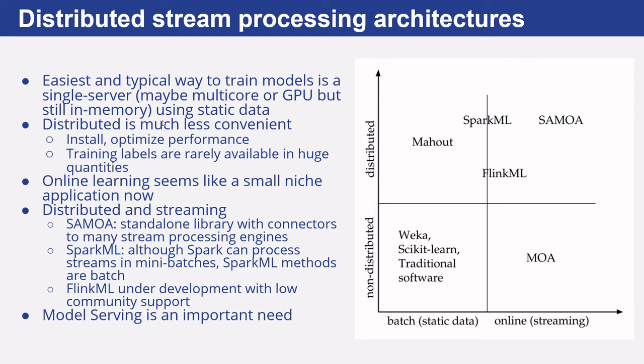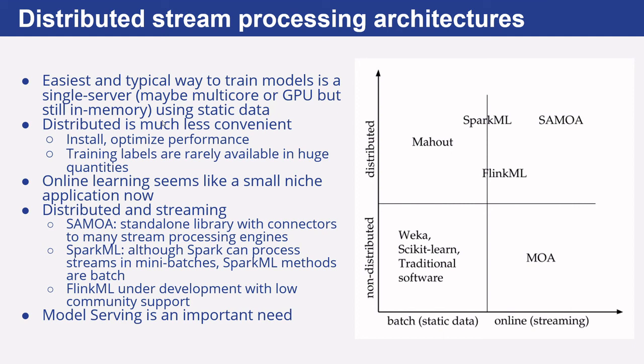In the chart on the right, we can compare different systems regarding whether they train models batch or online, and whether they are non-distributed or distributed. Traditional software like scikit-learn falls in the batch non-distributed area.